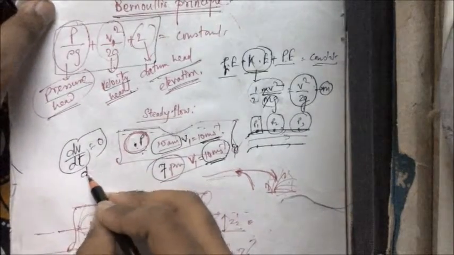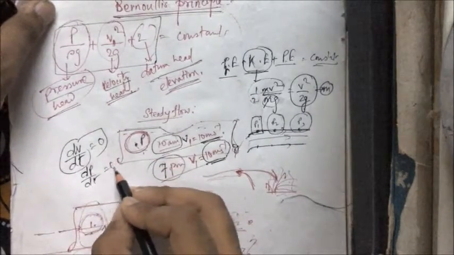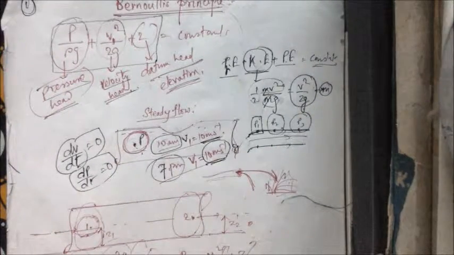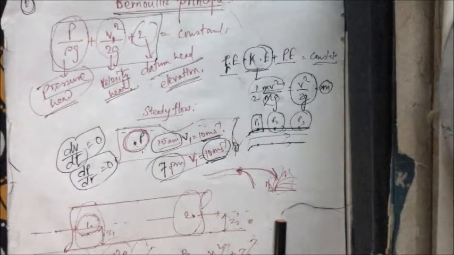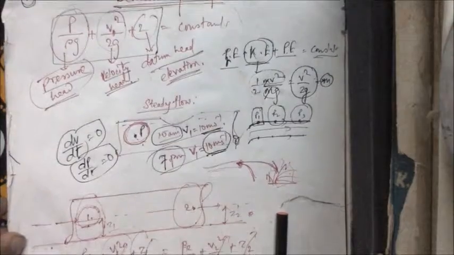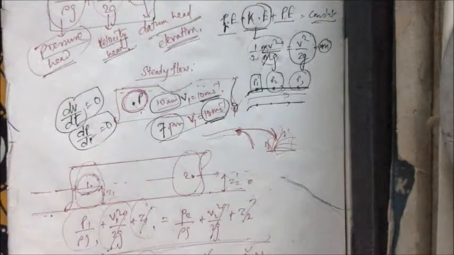You can also say dp by dt equals to 0. All the fluid parameters do not alter with time. Now suppose we are going to see how we can apply Bernoulli's principle in case of different kinds of pipes which are at different elevations, pipes of same cross section, different cross section, everything.